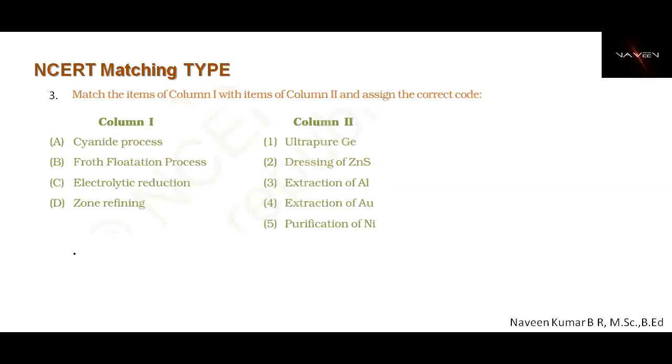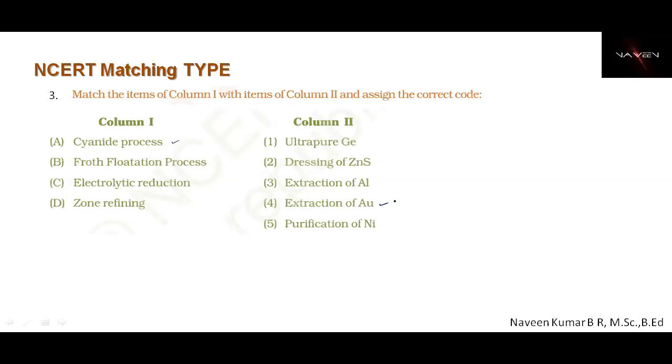So we'll try to identify. If we take the cyanide process, we know that it is used for the extraction of gold and silver. By treating with cyanide, gold and silver form a metal cyanide complex, which upon displacement reaction by zinc is used to obtain the reduced gold or silver.